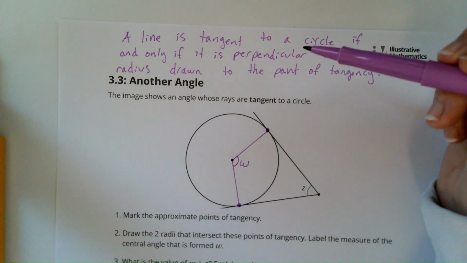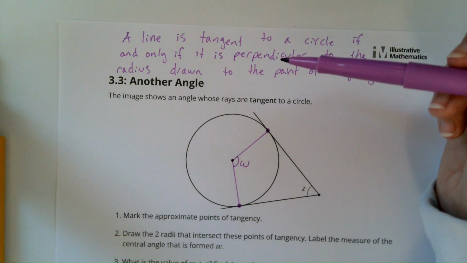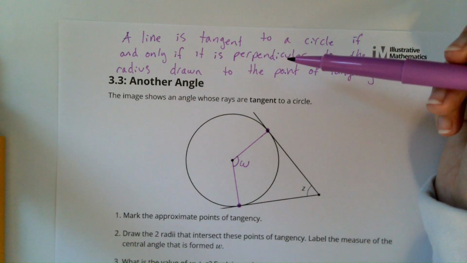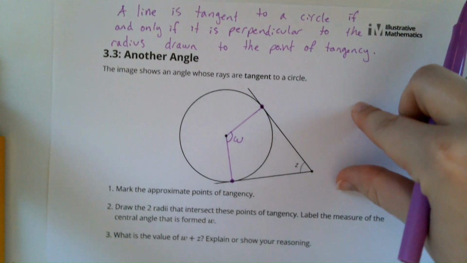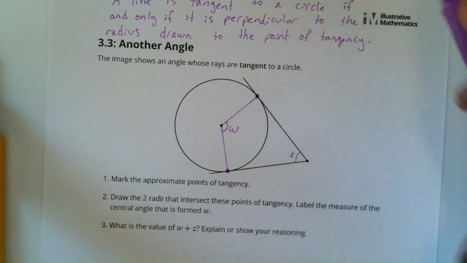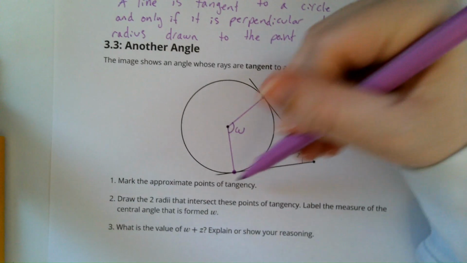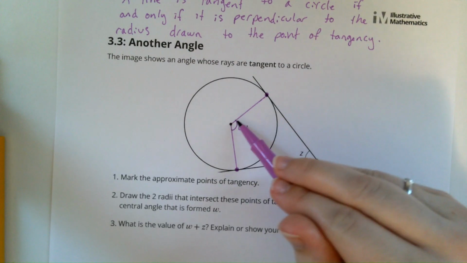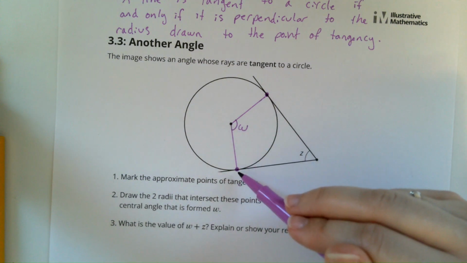So it tells us that if we have a radius drawn to the point of tangency, it will be perpendicular to the tangent line. So if we think about that in the context of this situation here, we have two tangent lines. It tells us that these are tangent to the circle. We have two radii drawn to the points of tangency, respectively.